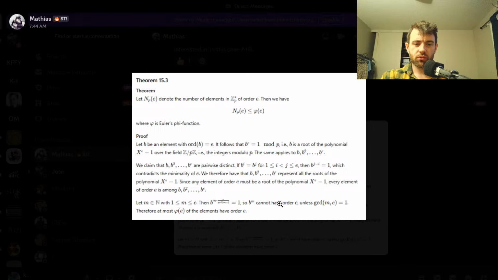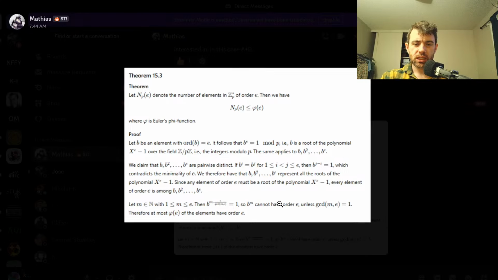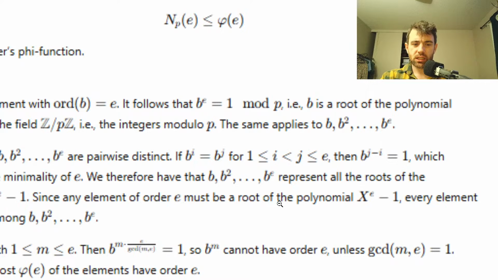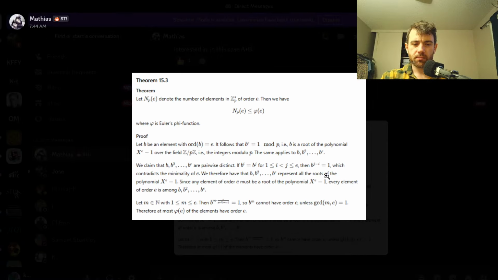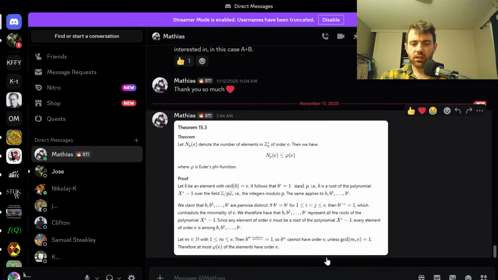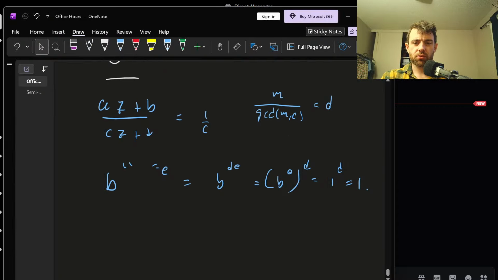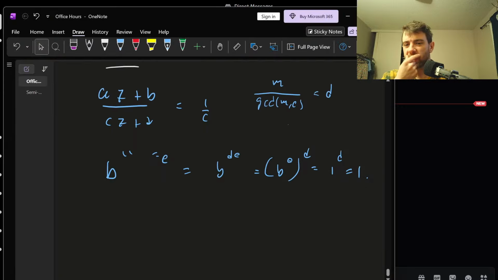Wait, why can't it have order E? I mean, E is supposed to be the smallest number that you put it to the power of to get 1. Right.